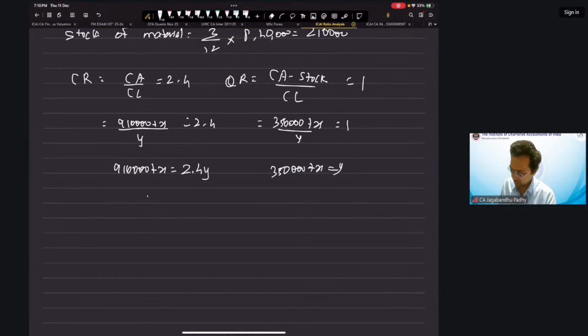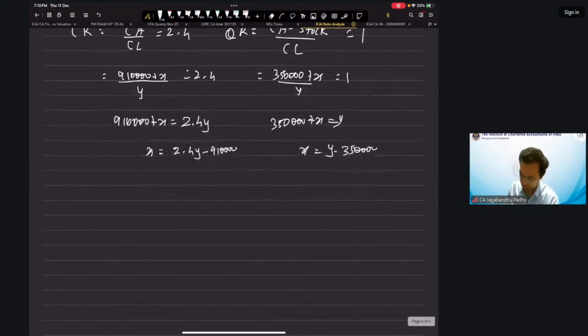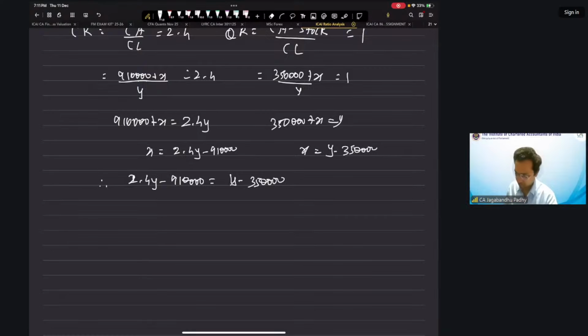Okay, so let's bring all Y terms on one side. So it's 2.4Y minus 9,10,000 and X is Y minus 3,50,000. So 2.4Y minus 9,10,000 is equal to Y minus 3,50,000.